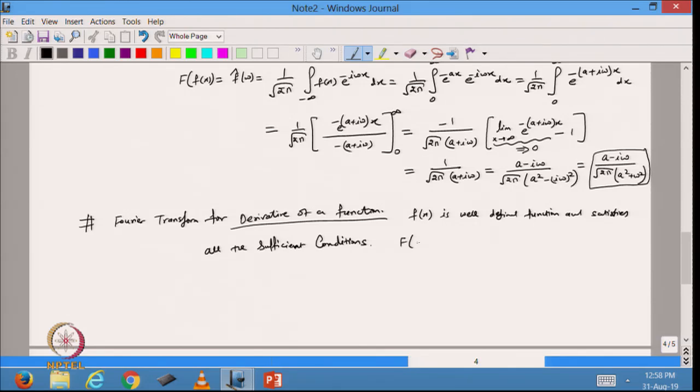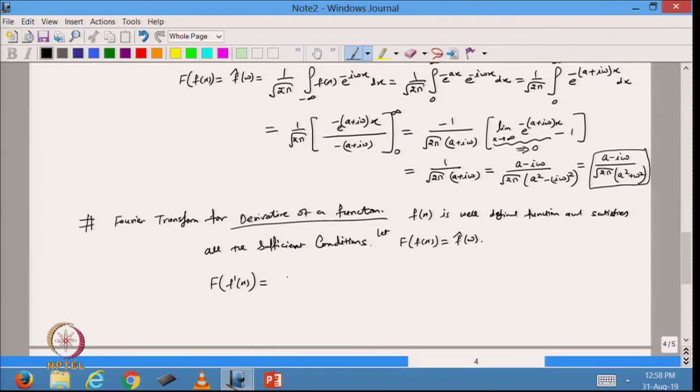So, let the Fourier transform of this be equal to F(omega); this is well defined. Now, I want to take the Fourier transform of f dash x. So, this one I want to find out.